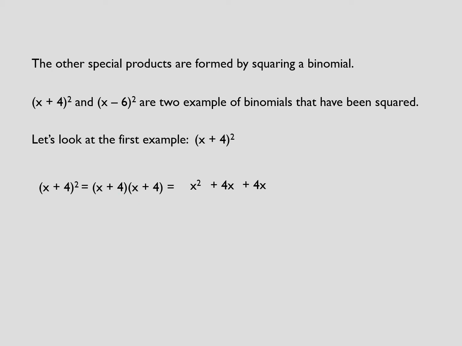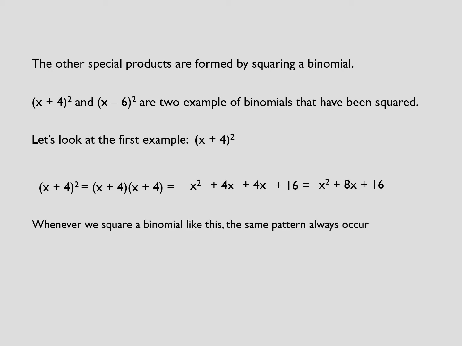Take note that the quantity x plus 4 squared is actually equal to the quantity x plus 4 times the quantity x plus 4. This is courtesy of the product rule of exponents. Remember, we just have to multiply the base, the quantity x plus 4, by itself twice since it is being squared.